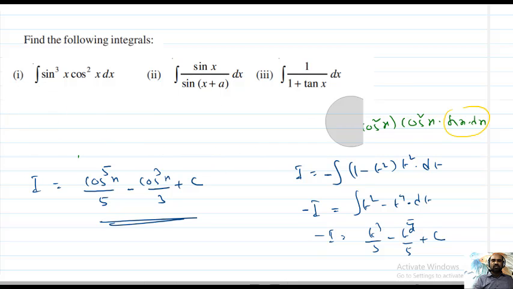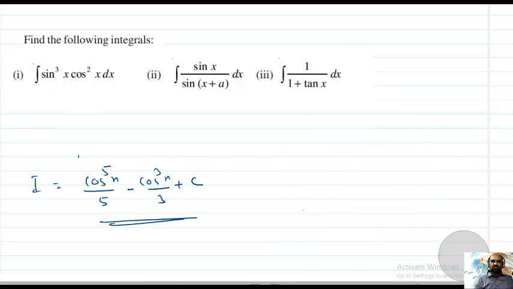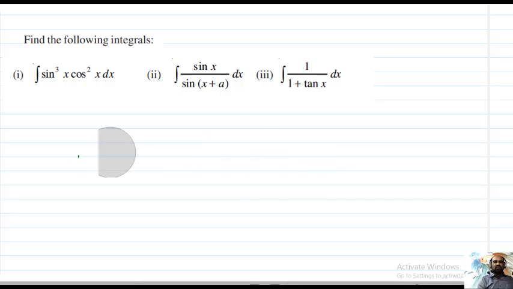Okay, students, first problem completed. Interesting one. So now I want to find the solution for the second problem. I is taken as integral of sin x by sin of x plus a into dx.